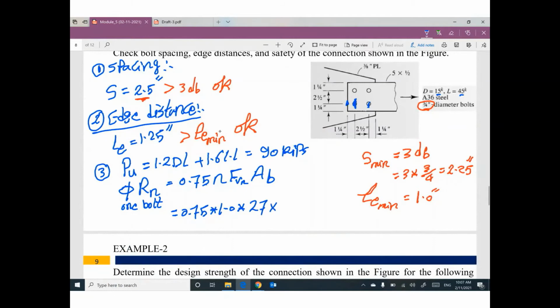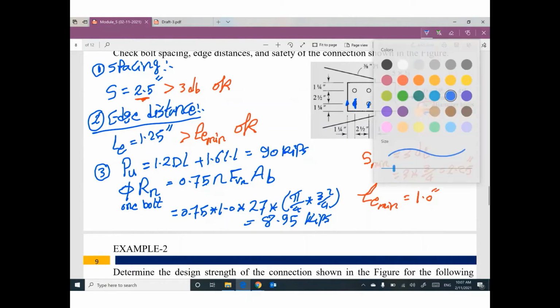What is the area of the bolt? Pi divided by 4 times the diameter squared, 3/4 squared. What is the value? 8.95 kips.